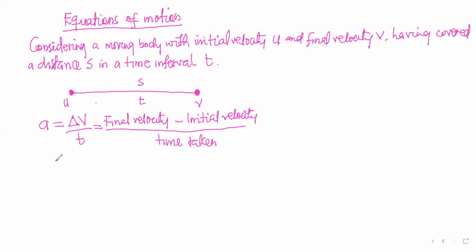So in letters, final velocity is v, initial velocity is u, so a equals v minus u divided by t.